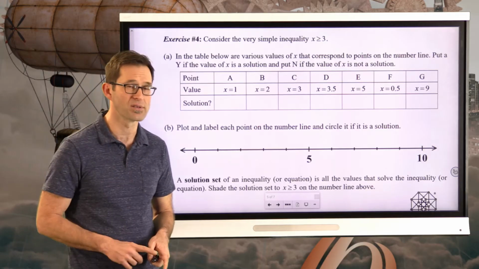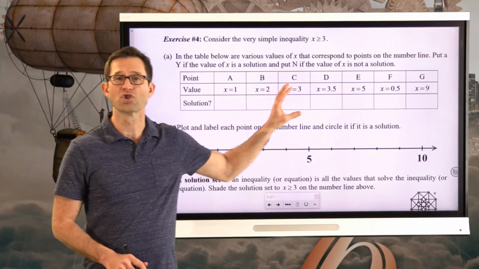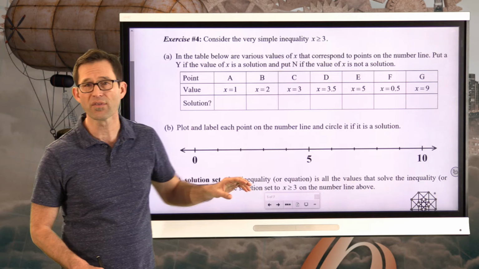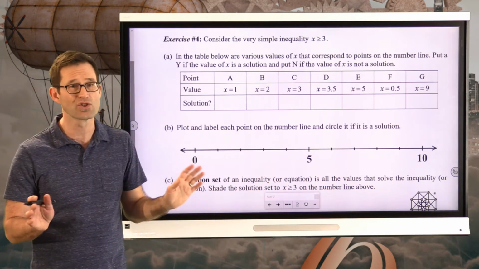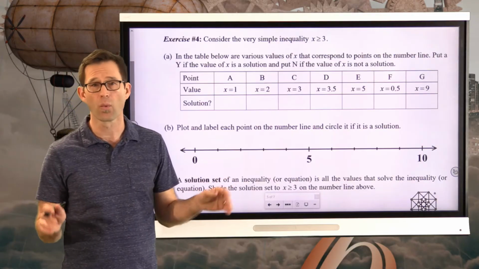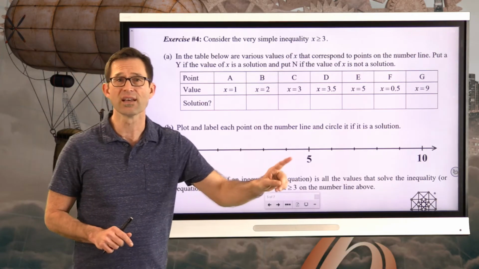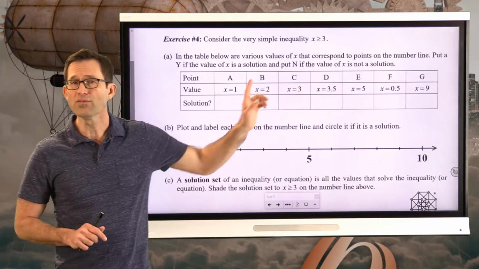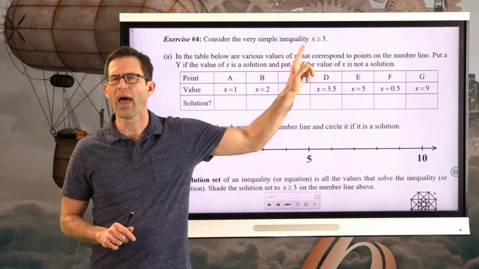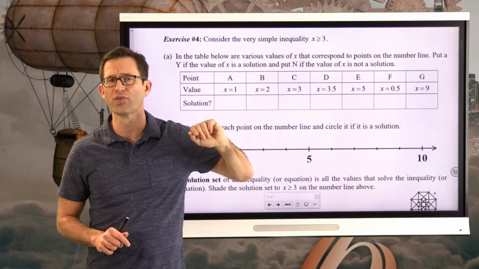All right, so let's talk about this a little bit. I just grabbed a bunch of random values of x. Obviously, this number line has an infinite number of values of x, not just 10 or 11, because there are all these decimals and fractions in there. But we've just got this really simple inequality: x is greater than or equal to 3.